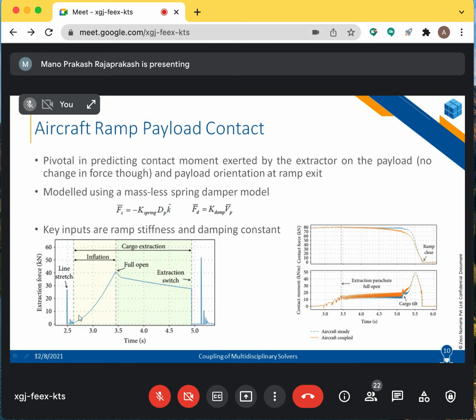Now this has a very strong link with the contact forces and moments that we see here. For a particular time, around 5.25 seconds, we will focus only on the blue line, because this is a very simple case.